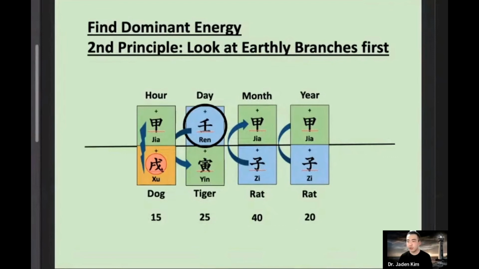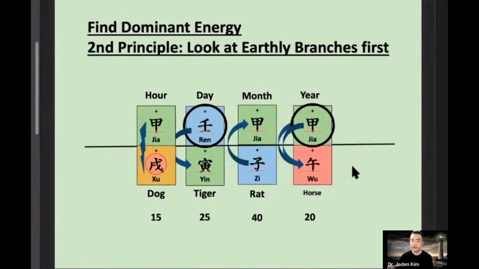Ren born in winter Zi would be water strong. That's a different story because we cannot only say this one takes all the energy. For example, if we just switch the yearly pillar to Jiawood horse, now the situation changes.